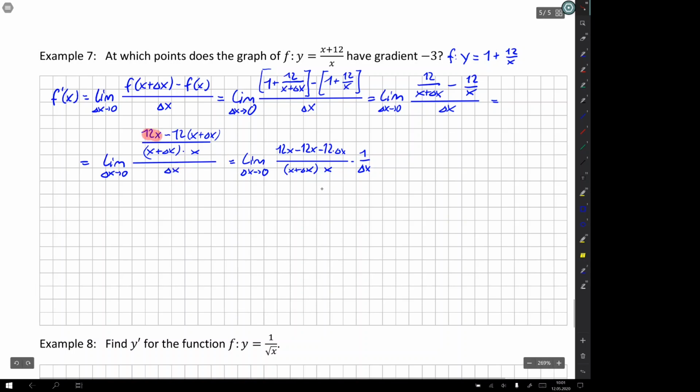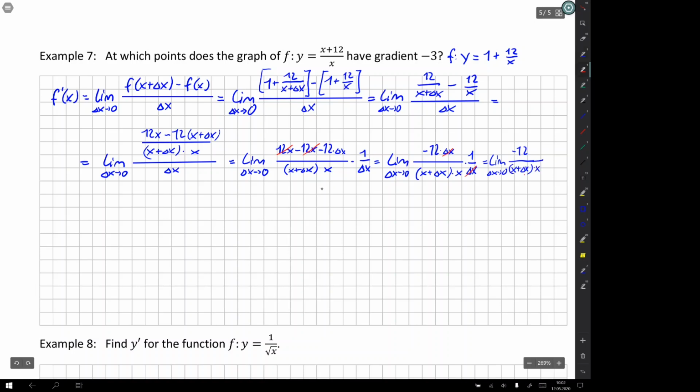And here we expand now this, so we get minus 12x minus 12 delta x. Obviously, the 12x cancel out. And then next step, let's rewrite that, and we see we can cancel out the delta x now here, and what remains is the limit of delta x going towards 0 of minus 12 divided by x plus delta x times x.